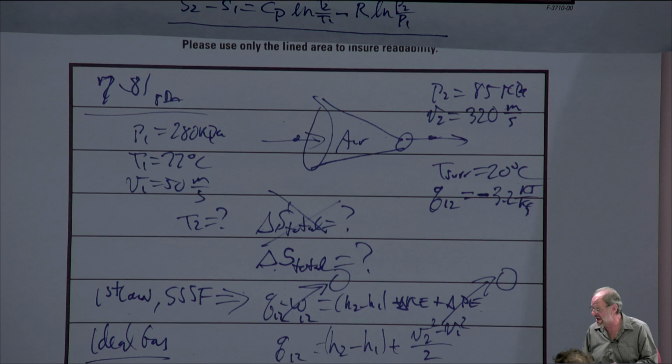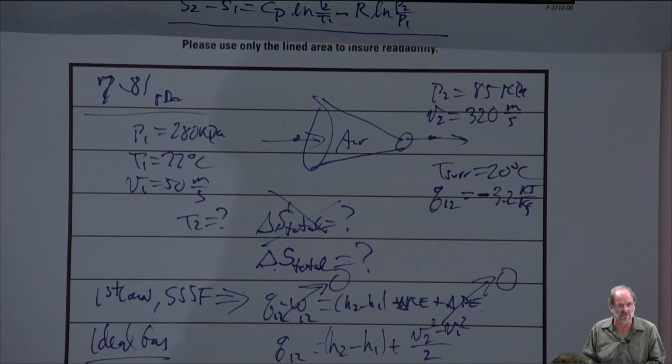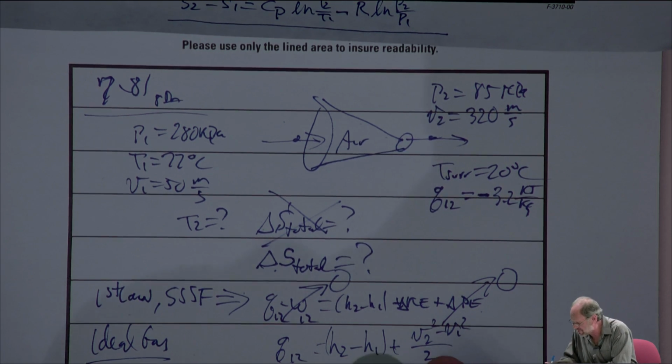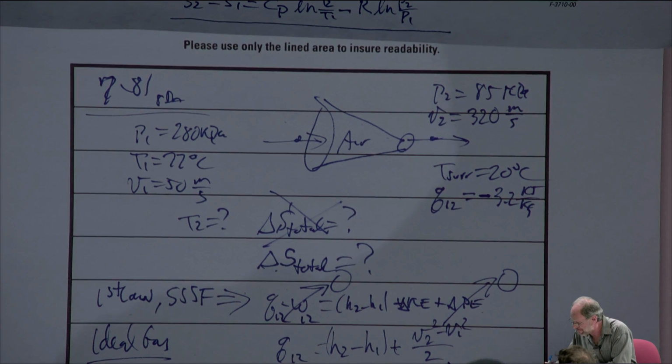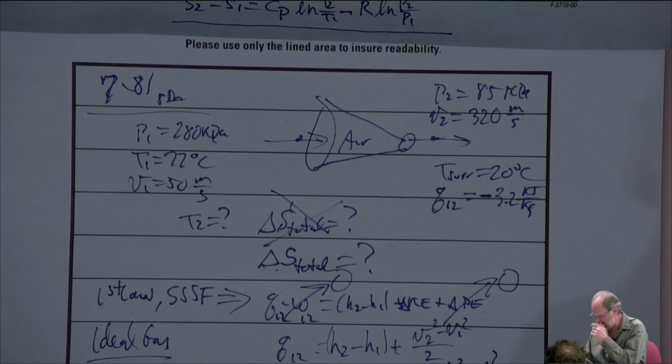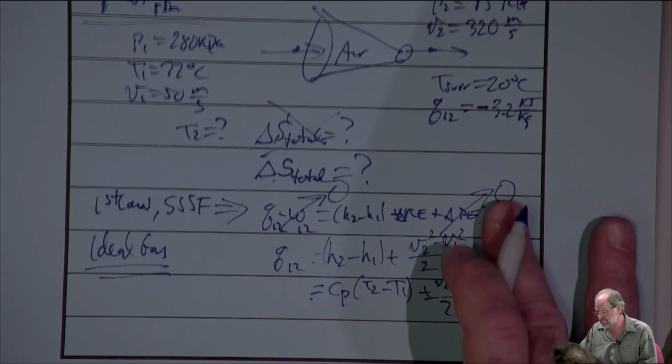Well, it might be a real gas, but we don't have any method which allows us to use real gas information, so it's an ideal gas. So we know that for an ideal gas, isn't the enthalpy change equal to the specific heat times the temperature change? All right, so that's the version of the first law that we are going to be solving for.